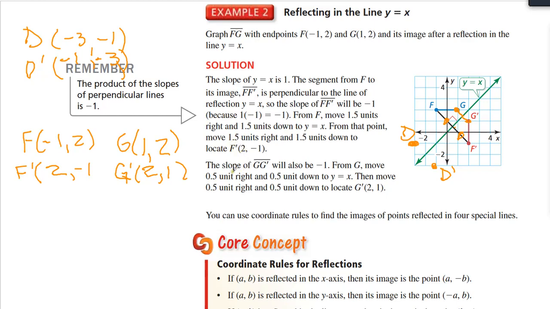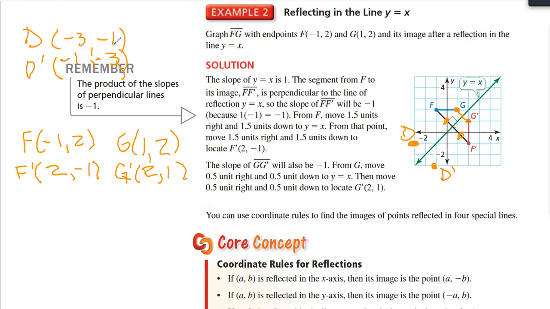If you do, write it in the chat. There is a simple pattern going on here. Look at each point and its reflection, its image. There's a simple rule you can use: if you take the first point, here's how you make the second point. I've got 1, 2, and 2, 1. I got negative 1, 2, 2, negative 1.